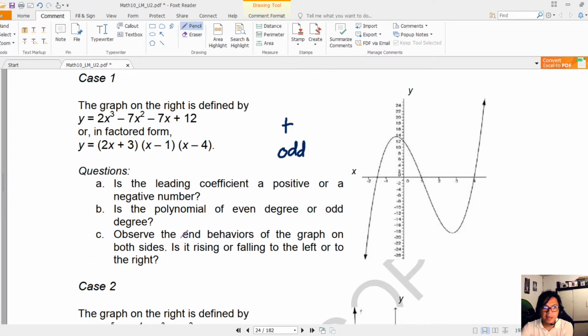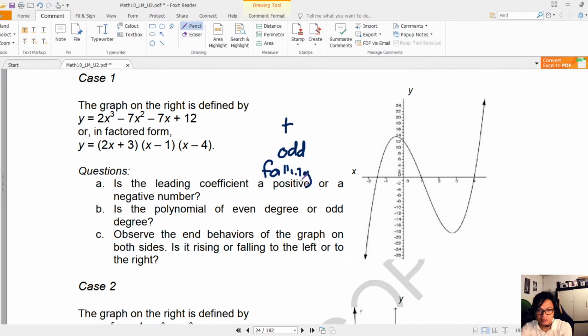So observe the end behaviors of the graph on both sides. Is it rising or falling to the left or to the right? So it's falling, rising. Falling siya sa left, rising siya sa right.